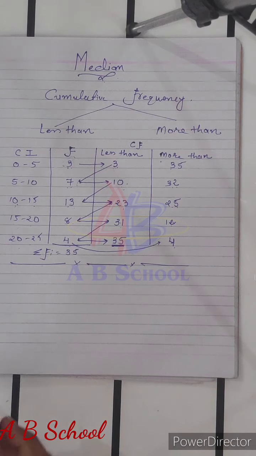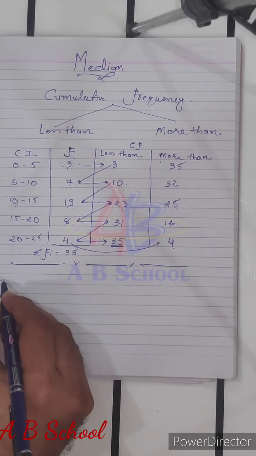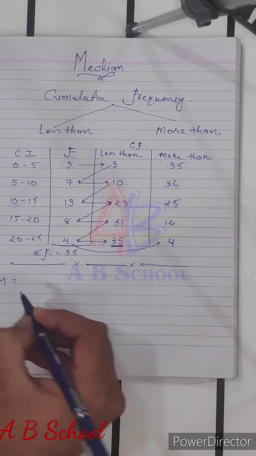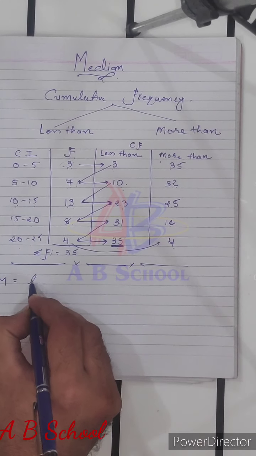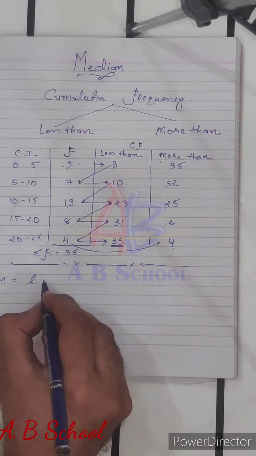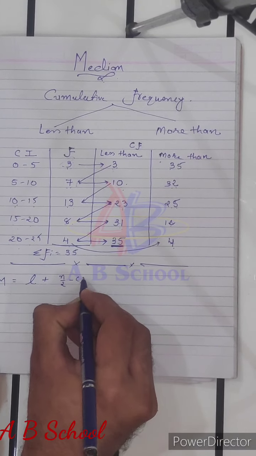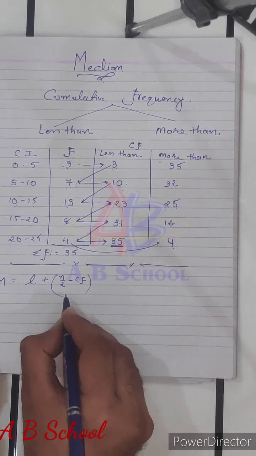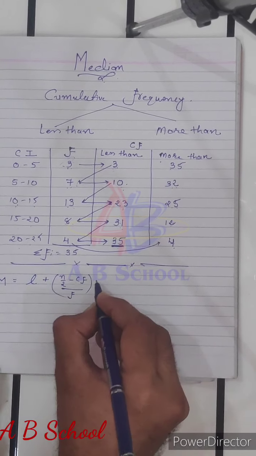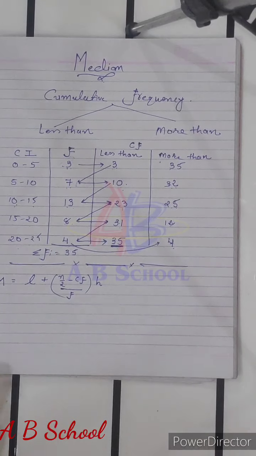The formula of median is denoted as capital M. The formula is M = L + ((n/2 − CF) / F) × h.